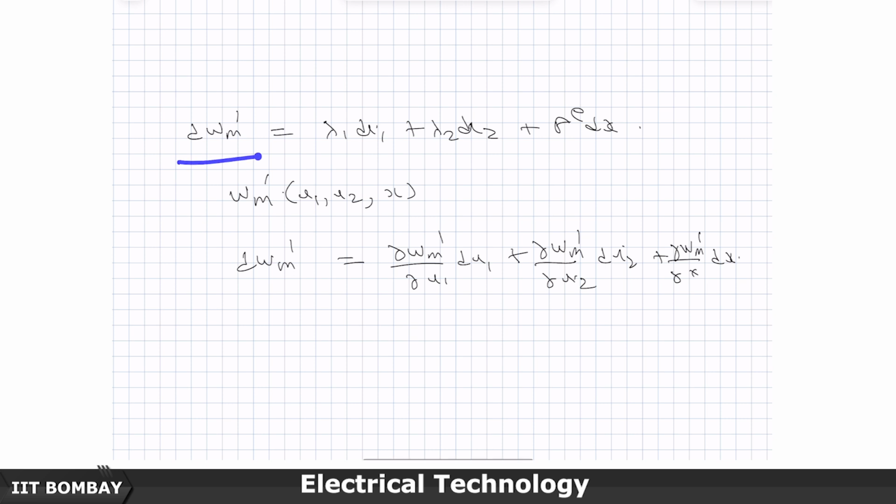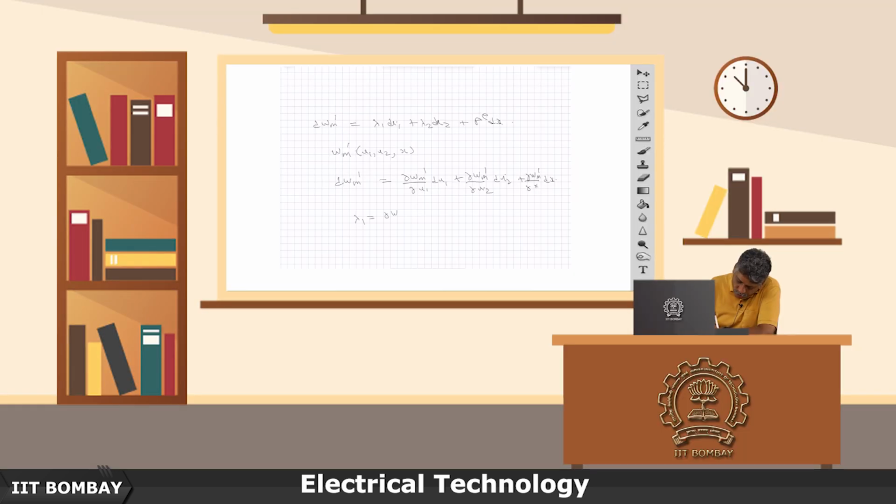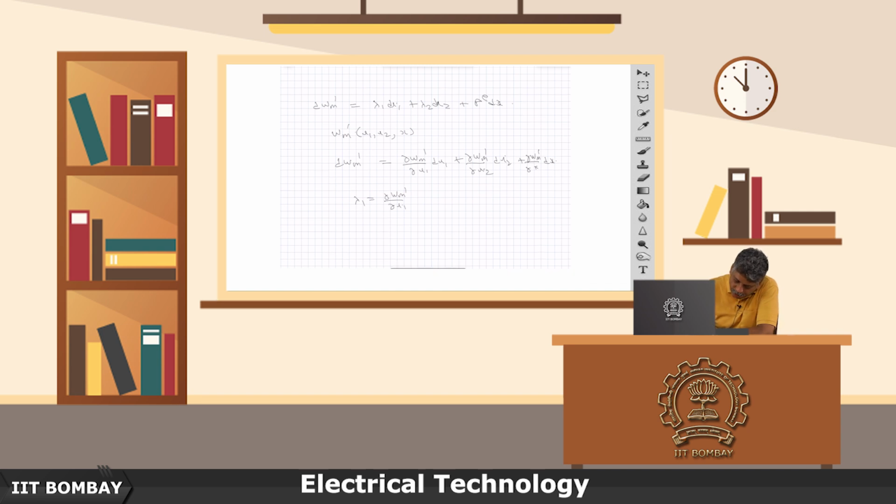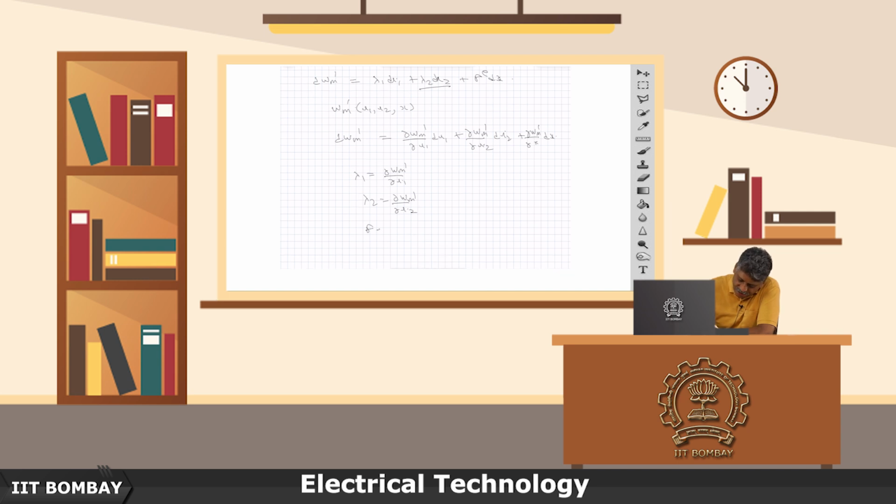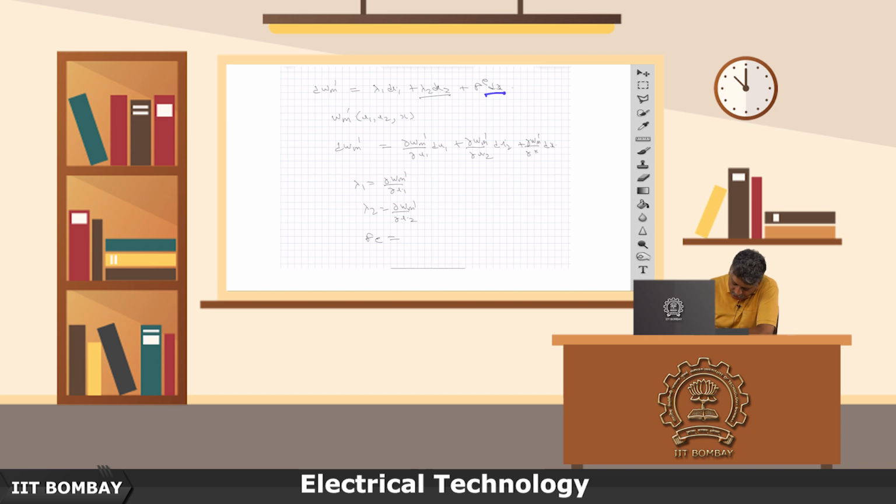And then when I equate this to this, I get lambda 1 as this partial derivative, lambda 2 as this partial derivative, equating state variable by state variable, and most importantly Fe, equating the dx state variable here with the dx state variable here: positive rate of change of co-energy with respect to x, which is exactly the same expression as I had got in case of the single system.